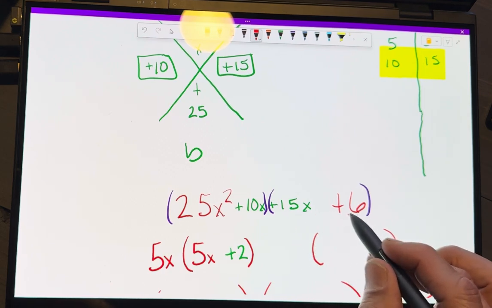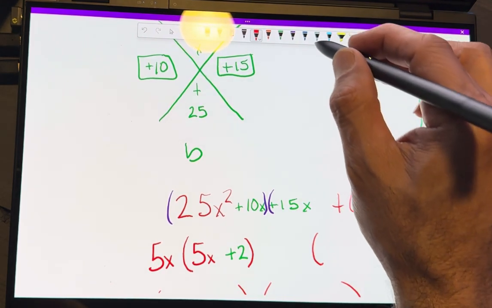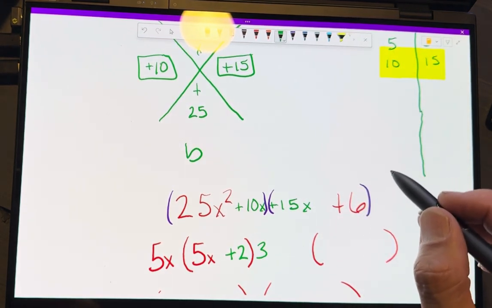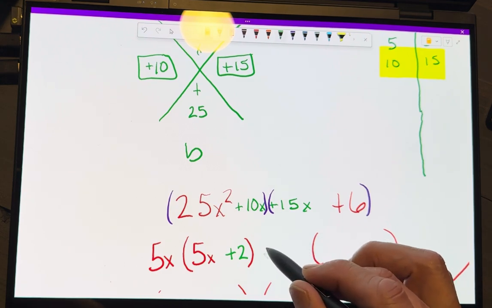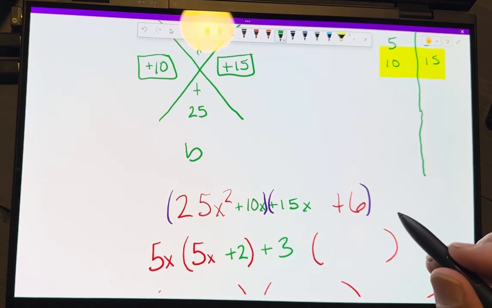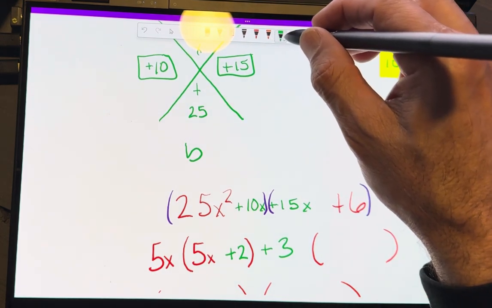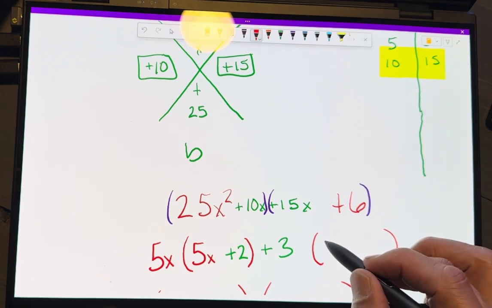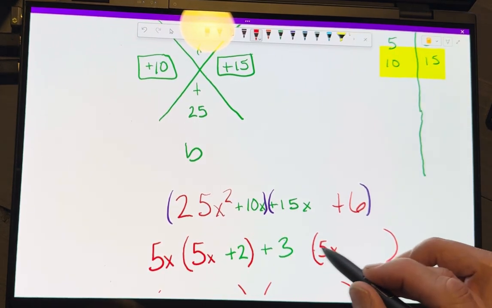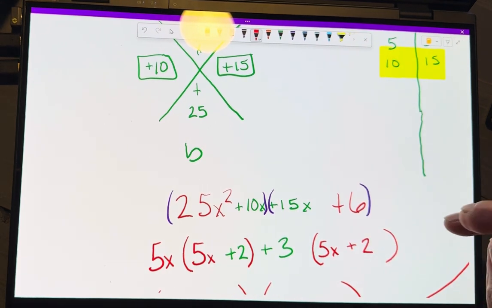Okay, and the common factor for these two is positive 3. And 3 times 5x will give us 15x, and 3 times positive 2 will give us 6.